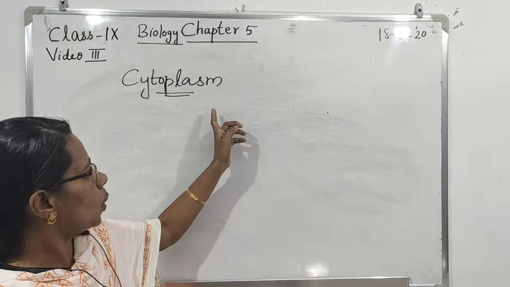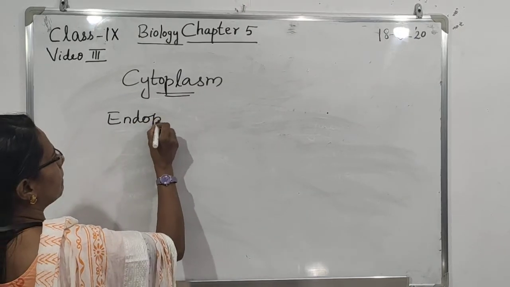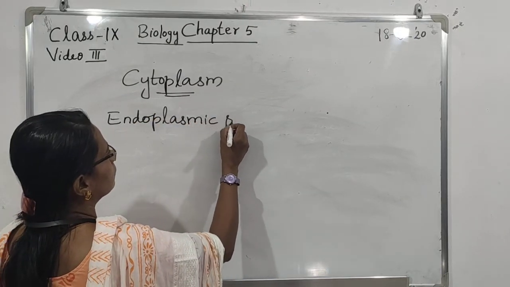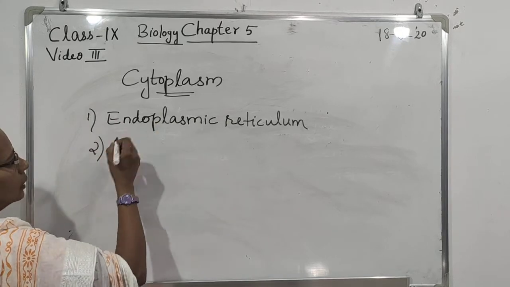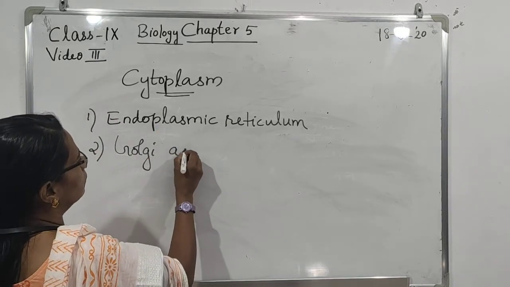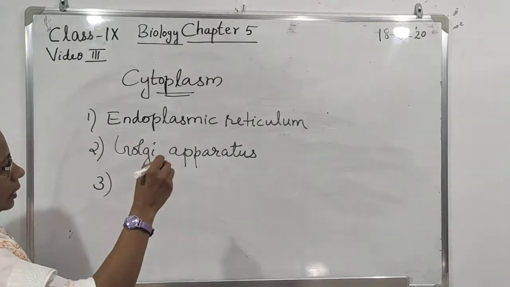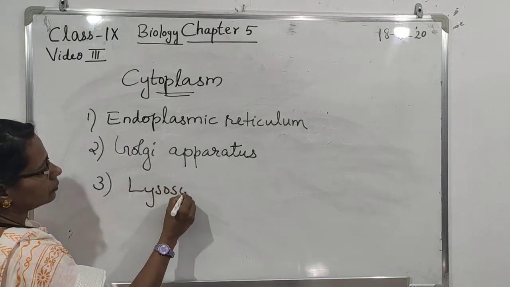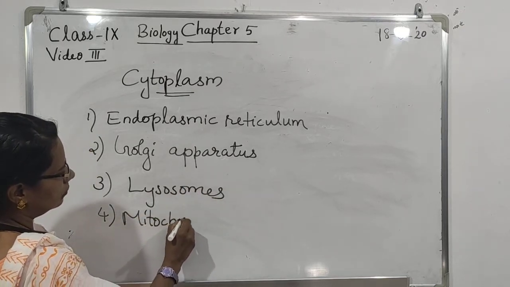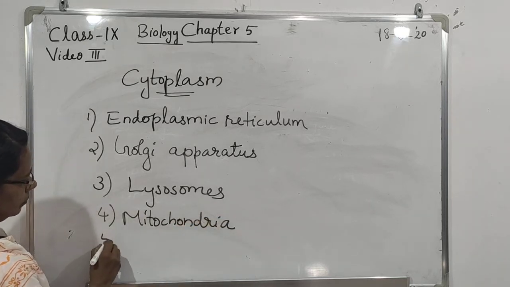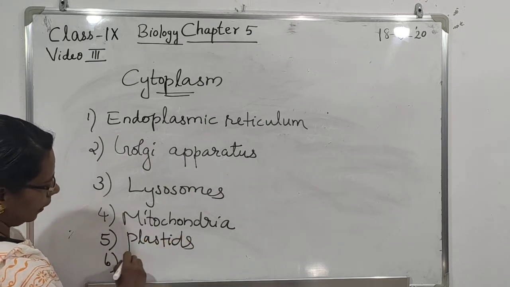Okay. Then the various organelles found in the cytoplasm are the endoplasmic reticulum, the next one is the Golgi apparatus, then lysosomes, mitochondria, plastids, and vacuoles.